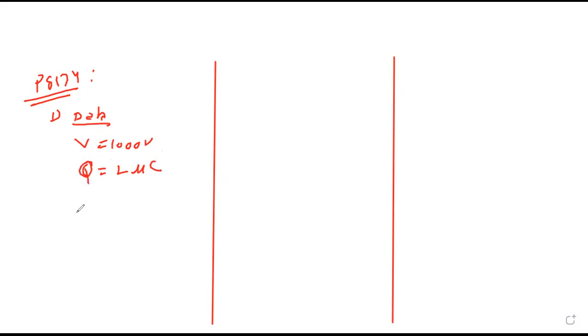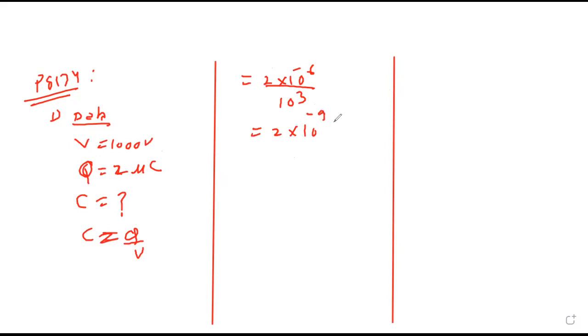Capacity formula is Q by V. Q is 2 into 10 raised to minus 6 upon 10 raised to 3. So it will become 2 into 10 raised to minus 9 farad, or you can say 2 nanofarad. They have given 2 into 10 raised to minus 3 microfarad, one and the same.